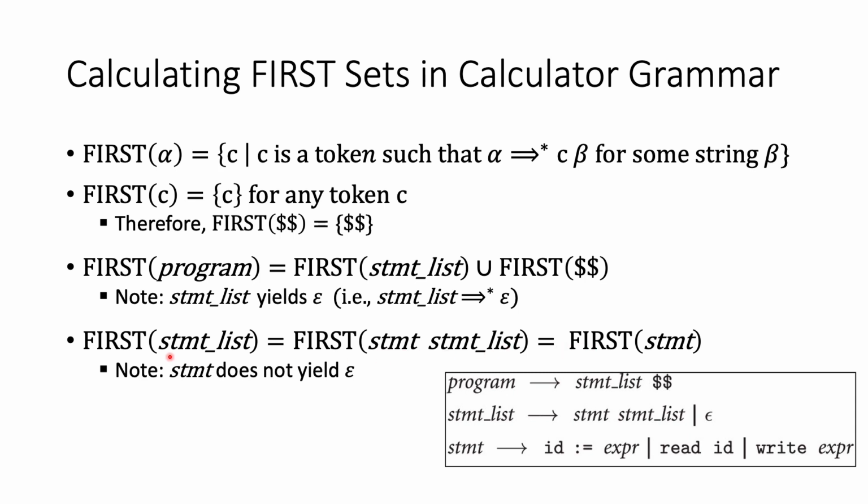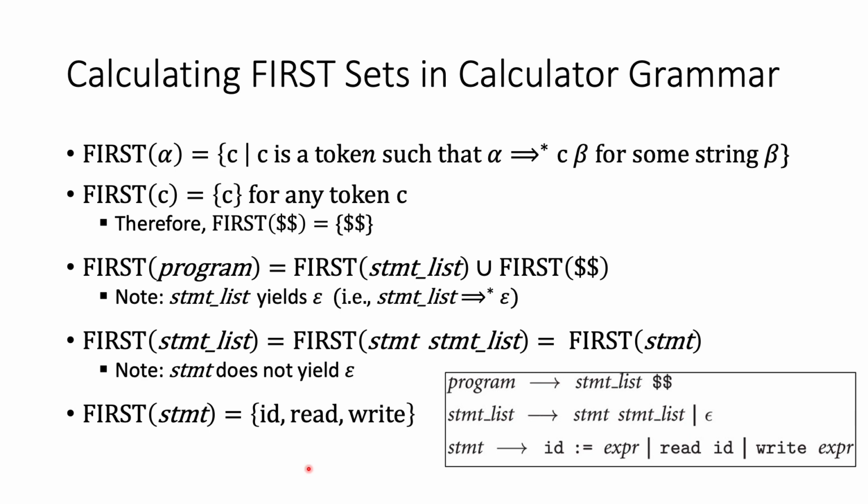So therefore the first of empty, then empty list, is equal to the first of empty. So therefore the first of empty list is equal to the first of empty.